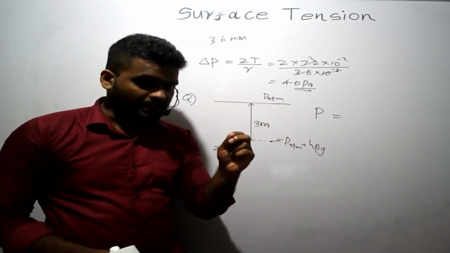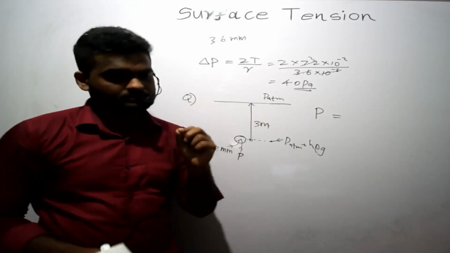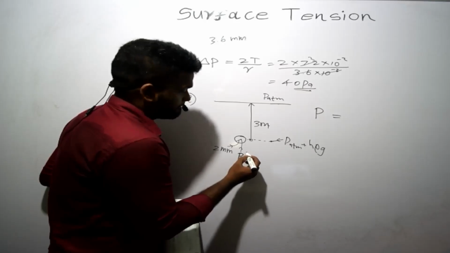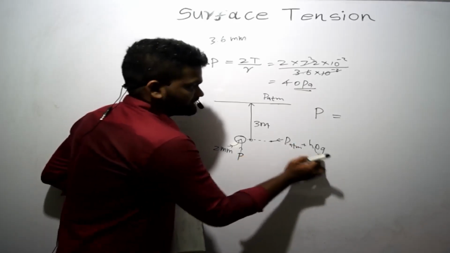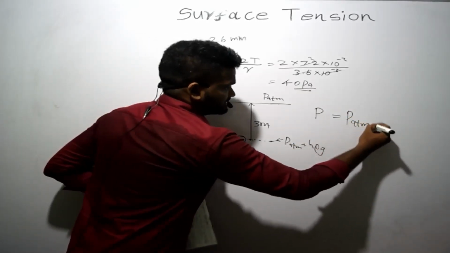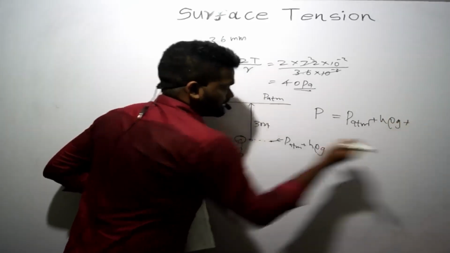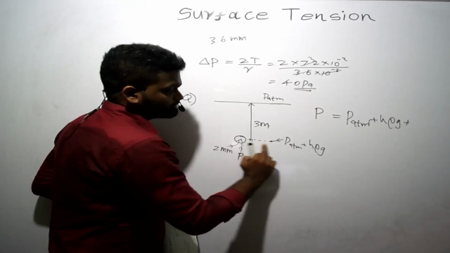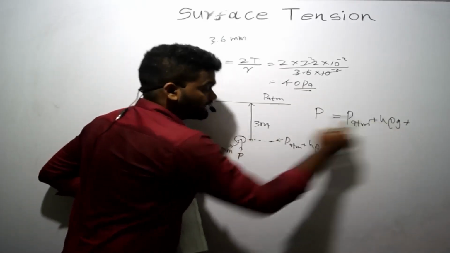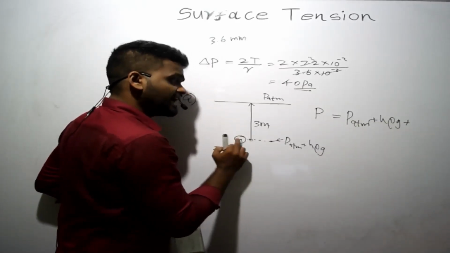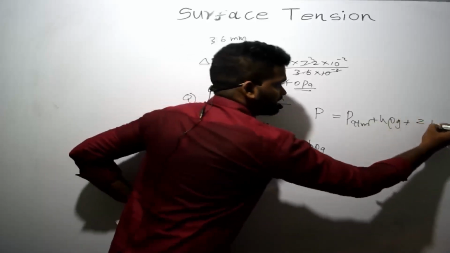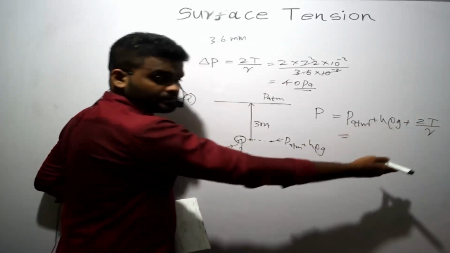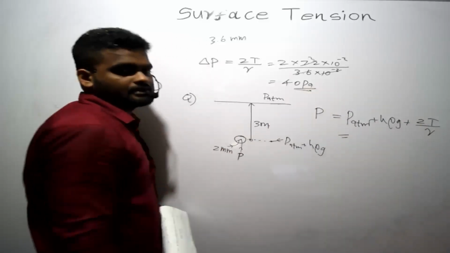It is higher by 2T divided by R. So what should be the pressure inside it? External pressure is P atm plus h rho g. Then we need to go inside. When you go inside, it is higher by 2T divided by R than this pressure. Then you just have to simplify this and find the answer.